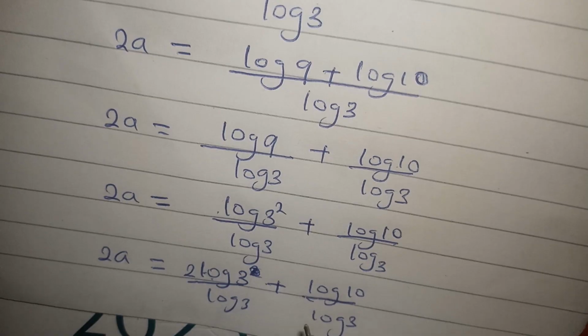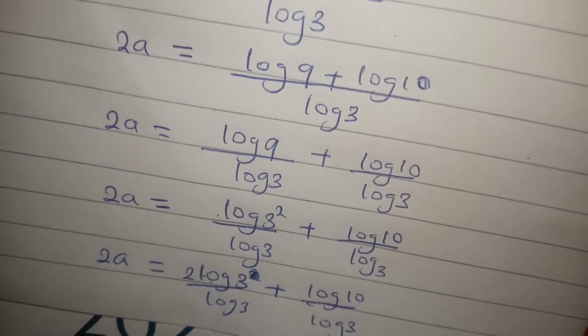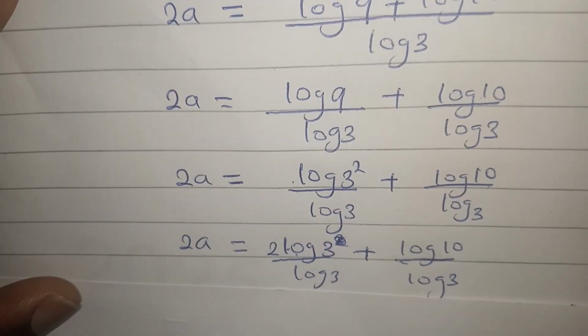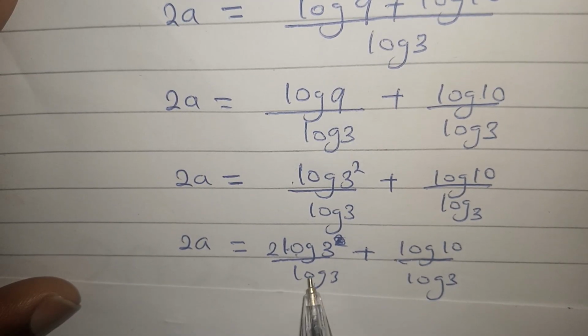This is what we now have: 2a is equal to 2 log 3 over log 3 plus log 10 over log 3.